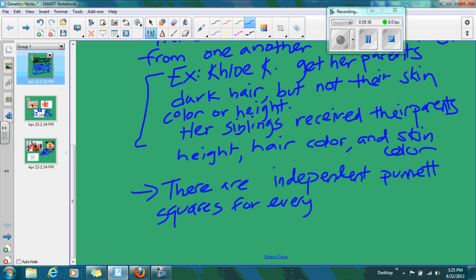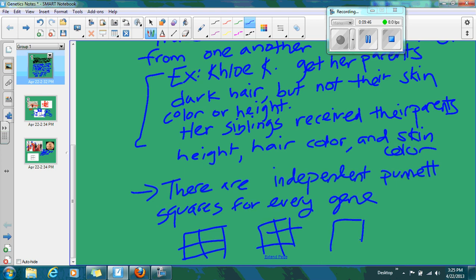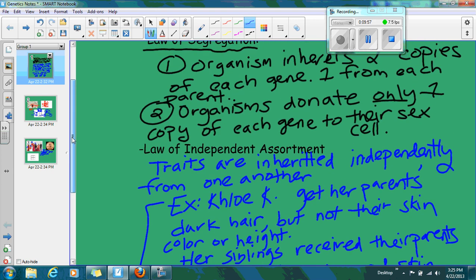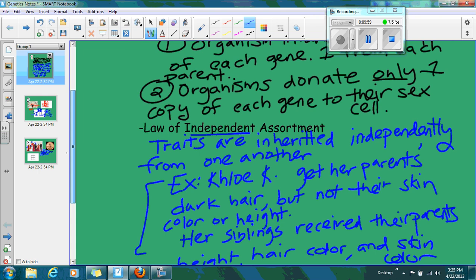So you can have one Punnett square for skin color, one Punnett square for eye color, and another Punnett square for your earlobe. You have lots of different ones. They don't work together. You have different combinations every time. They're independently assorted. So you get different combinations, and it doesn't matter what the combinations are depending on other things. So that's independent assortment.